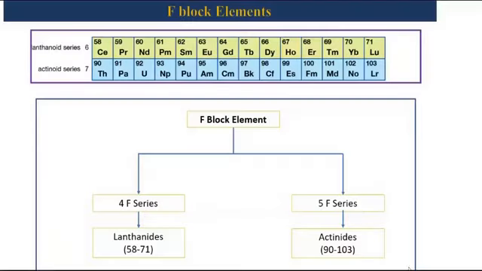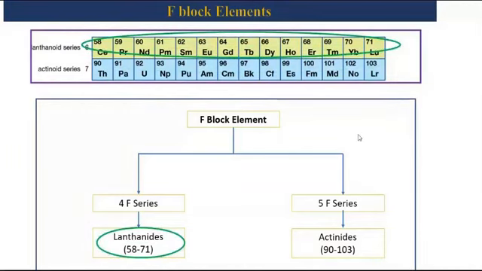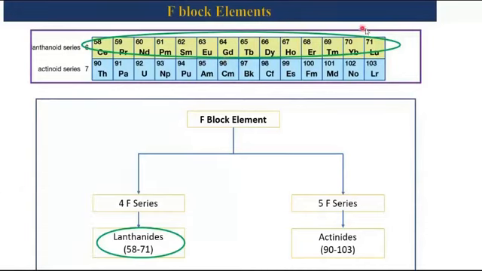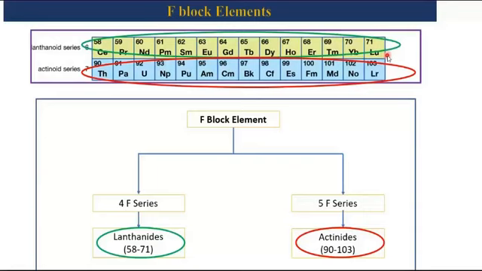However, the actinide starts from 90 to 103. If you see with the green circle, I will take the laser first. Now see, this way. Here you can see cerium to lutetium, these are going to be under lanthanide. Under actinide, thorium to lawrencium.